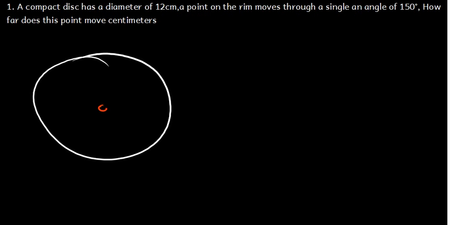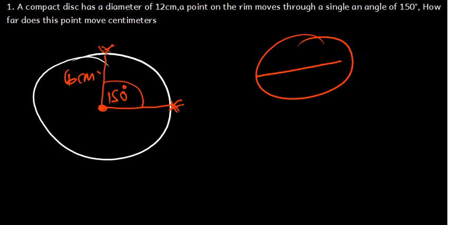This is the center of the circle, so it moves from this point all the way to there, and the angle here is 150 degrees. Okay, so it has moved from this point all the way to that point. So the radius is, this is the diameter, meaning the radius is 6 centimeters, because the diameter is from this point all the way to that point, so in the middle it's divided by 2, which is 6.